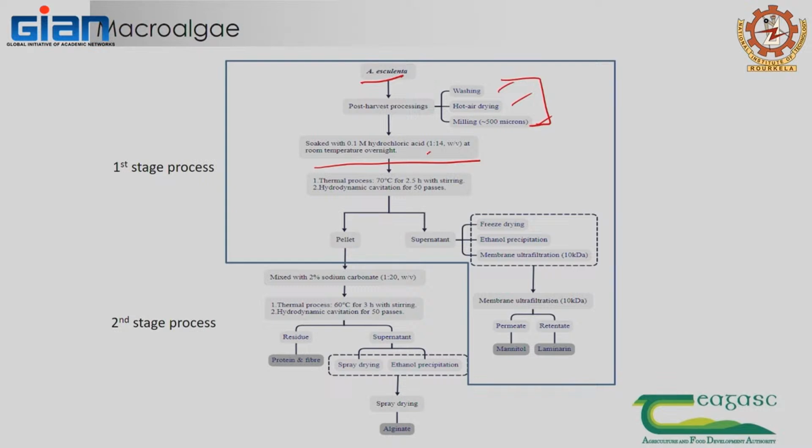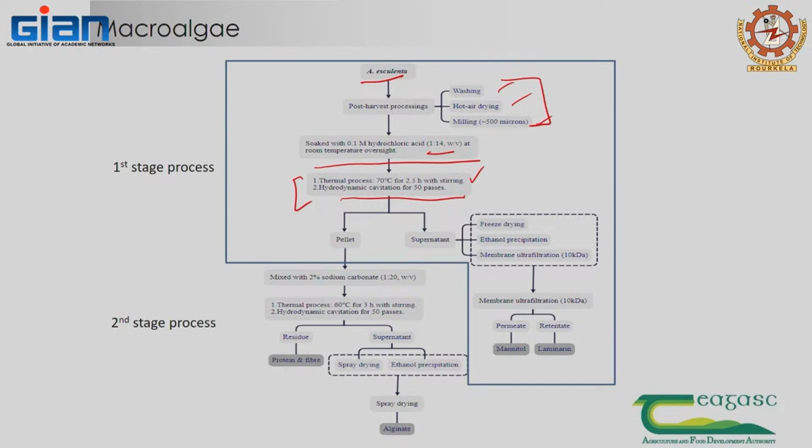The ratio here was 1:14. That answers your question, because that was the minimum we can use to compromise between the yield and requirement. If you go 1:20, we will have a better yield, but we have to remove the solution again. Process over here, thermal processes, that is 70 degrees for 2.5 hours, or hydrodynamic cavitation for 50 passes, which takes nearly 30 to 45 minutes.